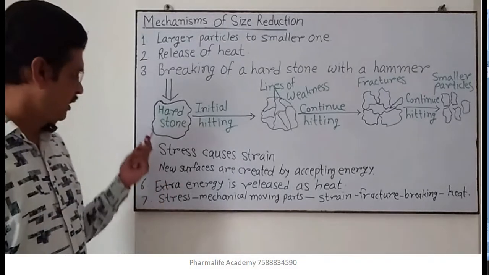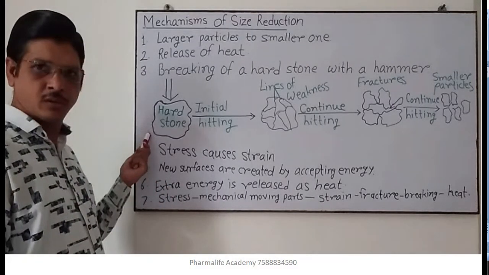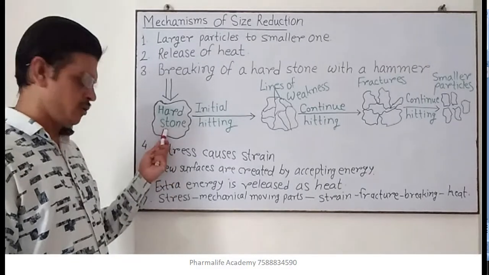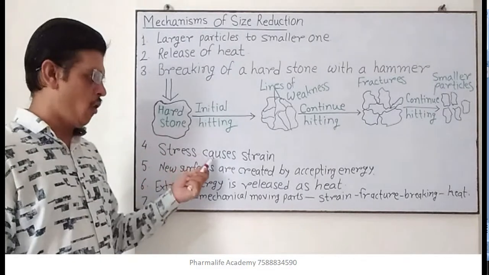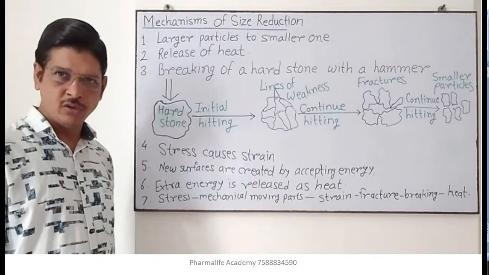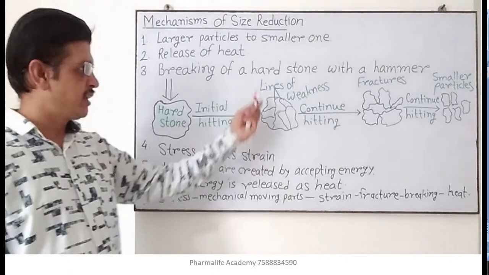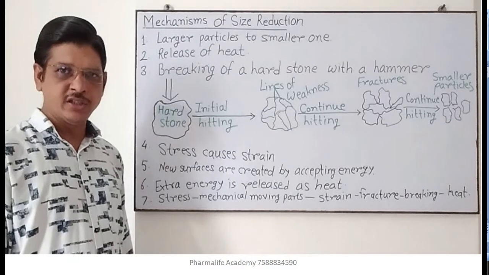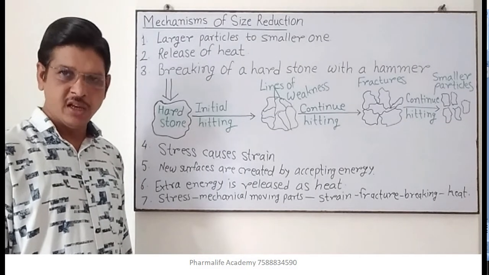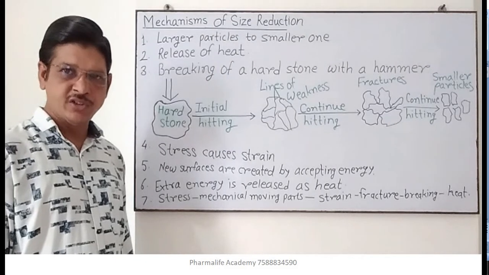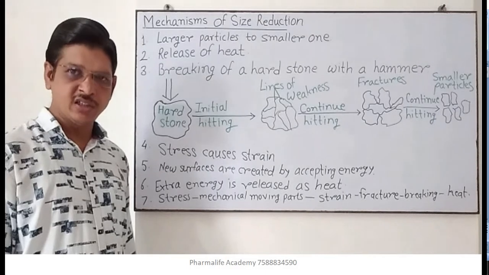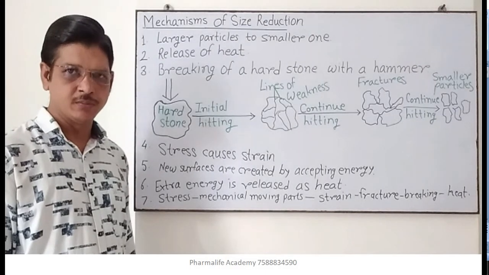When we hit the stone with a hammer, we apply stress on the stone. This stress causes strain on the stone that creates lines of weakness in the stone. When we provide energy to a material, this energy is used to create new surfaces and the extra energy is released as heat.